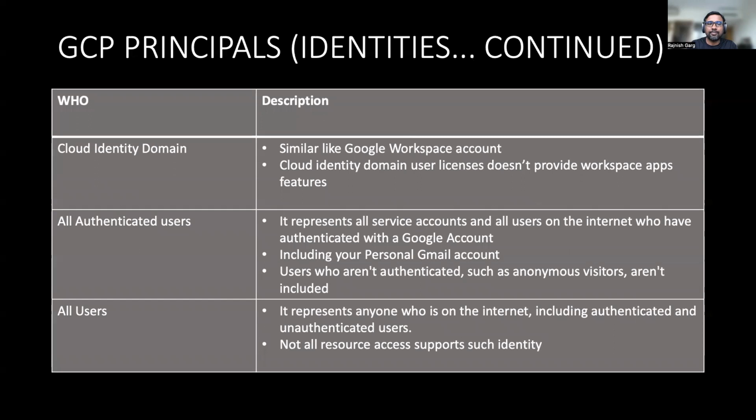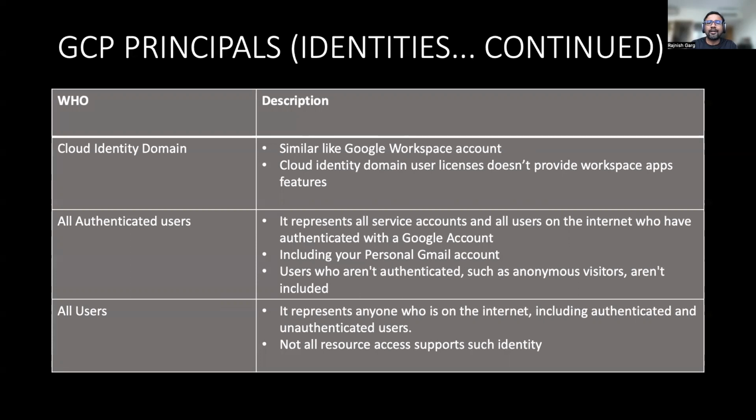Continuing on the GCP principals, similar to Google Workspace, your identity can be stored in Google Cloud Identity. I haven't had a chance to deep dive yet on the Cloud Identity side of the world, but what I read is that Cloud Identity domain user licenses are much cheaper compared to Workspace, as Workspace provides a lot of features, including the Workspace IDP, Workspace Gmail, and a couple of other applications.